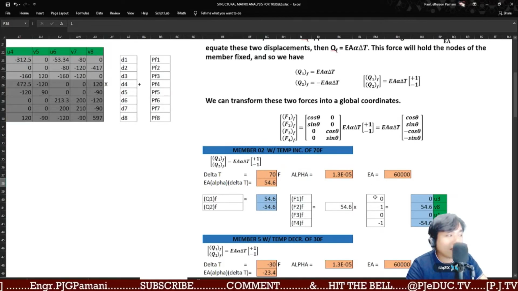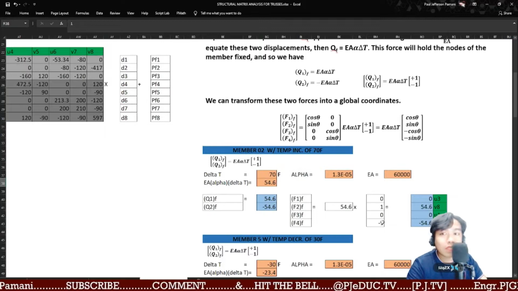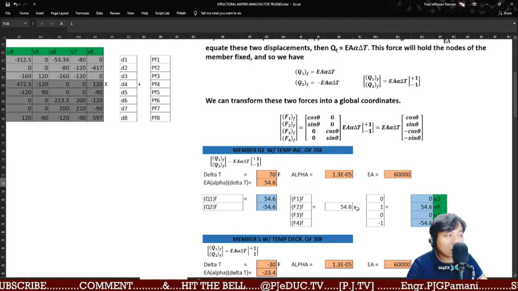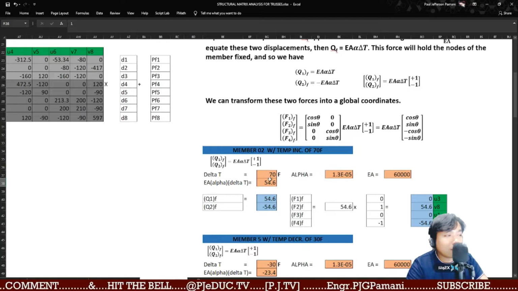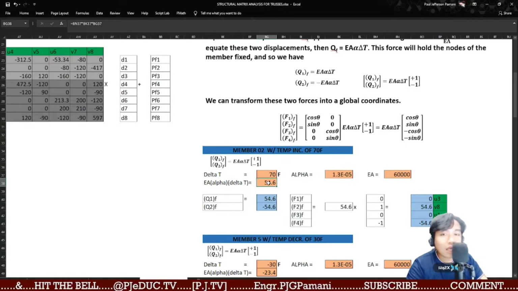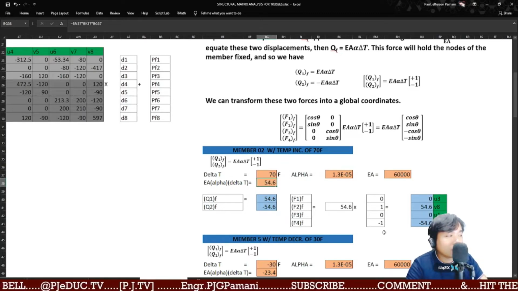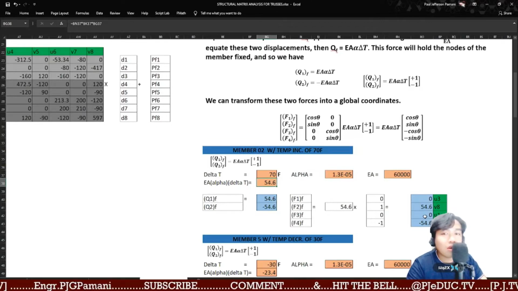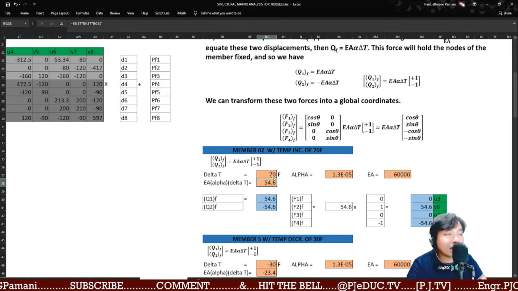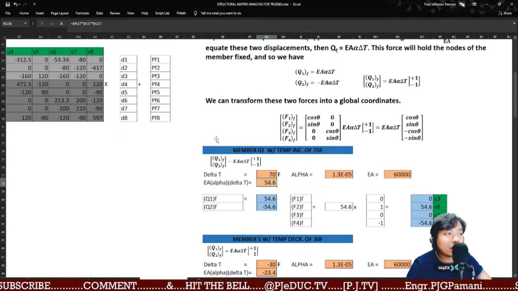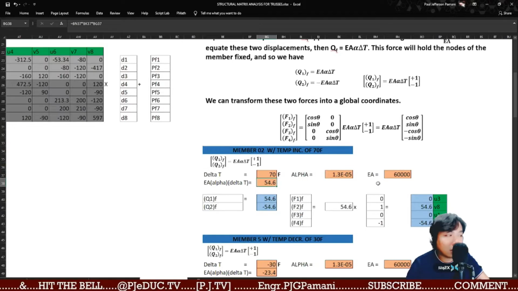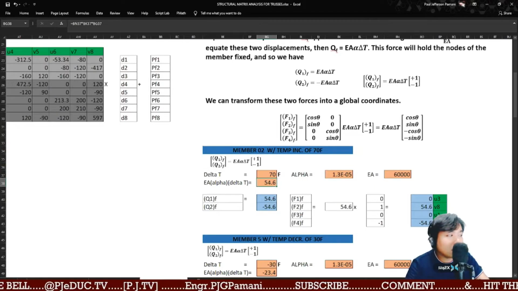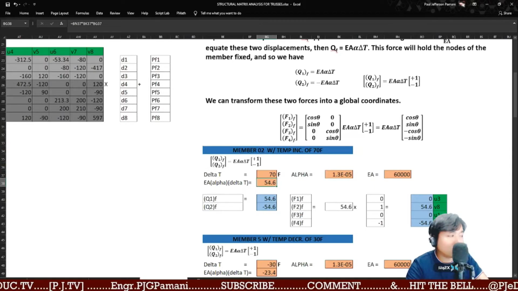Then multiply each cell by multiplication of scalar quantity with the matrix with 54.6, which is your EA alpha delta T. So multiply gives us the value or the forces along the global coordinate system due to the increase in temperature for member 2 of positive 70 degree Fahrenheit. Remember the near far node of member 2.